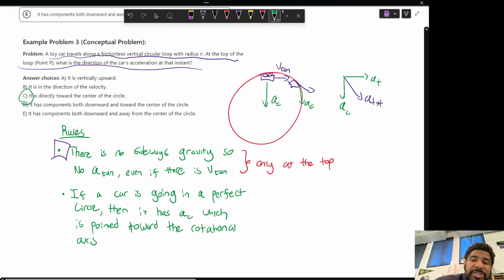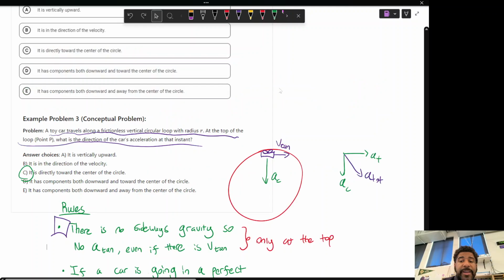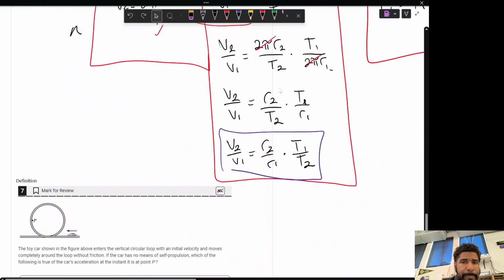But because it's at the very top in this problem, it does not have any tangential acceleration. If you're confused about that, it's okay. We're going to learn about that more when we get to forces. But when it's at the top and moving sideways, its velocity is perpendicular with gravity.